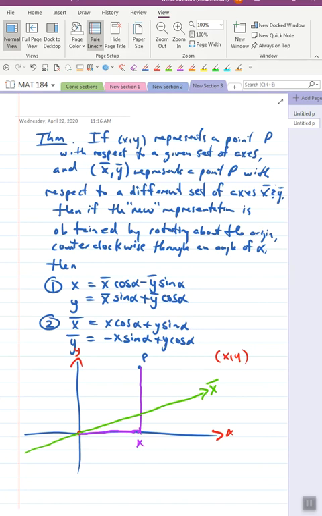And of course, if I've rotated through an angle of alpha to do that, that means I've rotated the entire system through that angle. That means that axis that was the y-axis has also rotated through that same angle. So far, so good.